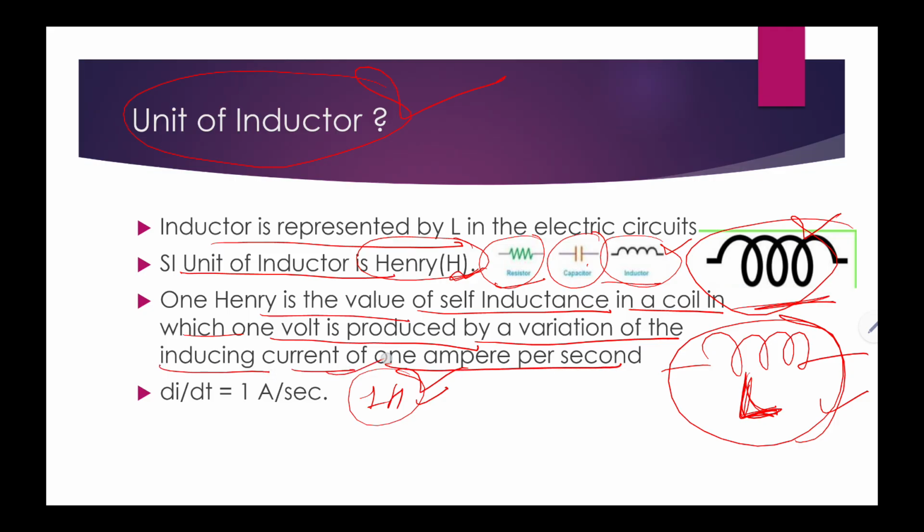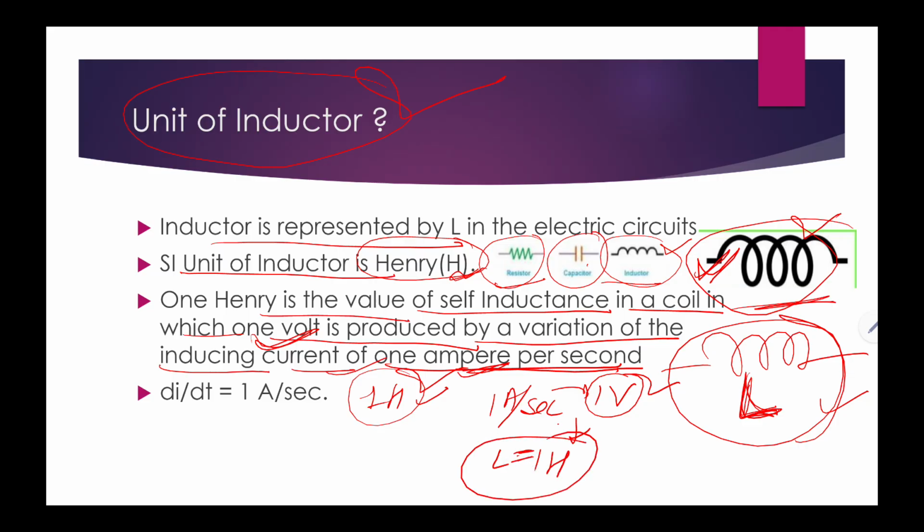So we have to induce a current of 1 ampere per second in the coil. In this coil we have to induce 1 ampere per second current that will lead to the generation of 1 volt. And in this coil, when 1 ampere per second is induced and a 1 volt voltage is produced, the value of inductance will be 1 Henry.